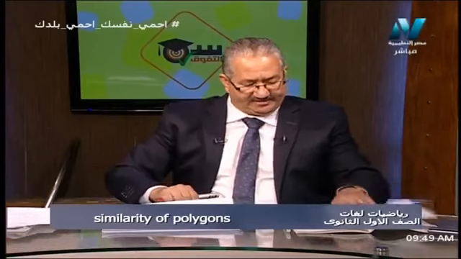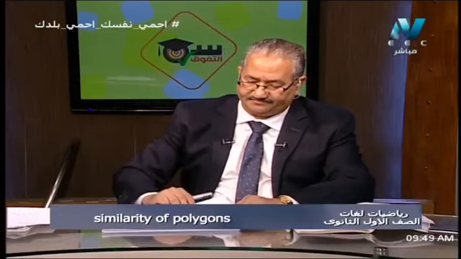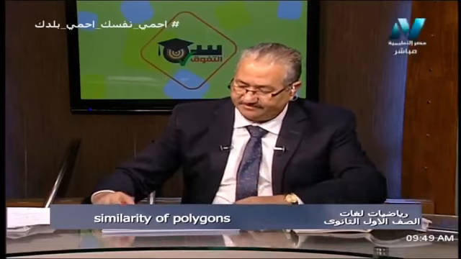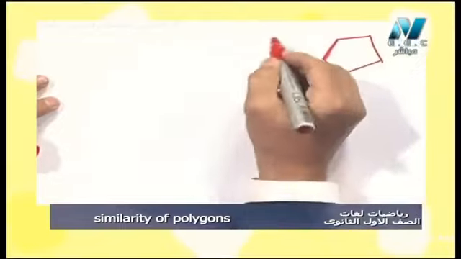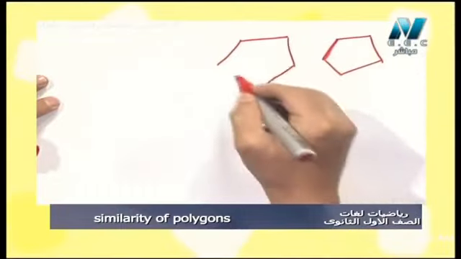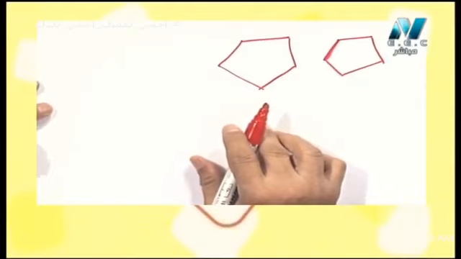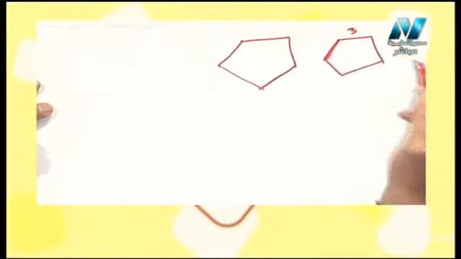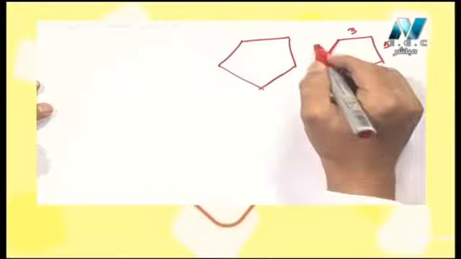We will take an example about pentagons. If we have two similar pentagons like that, the first pentagon here and the second one here, the lengths of the sides of the first one are 3, 5, 6, 8, 10.